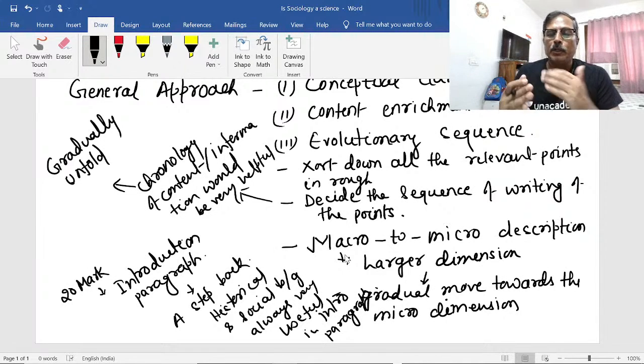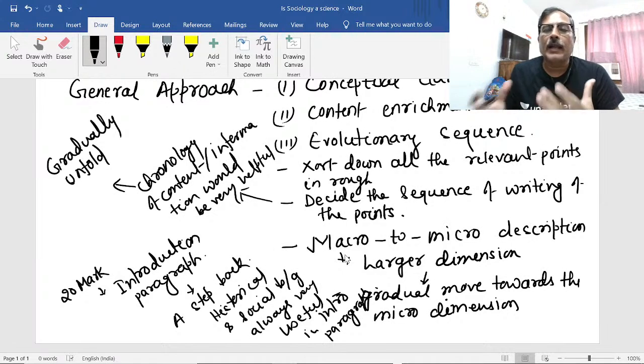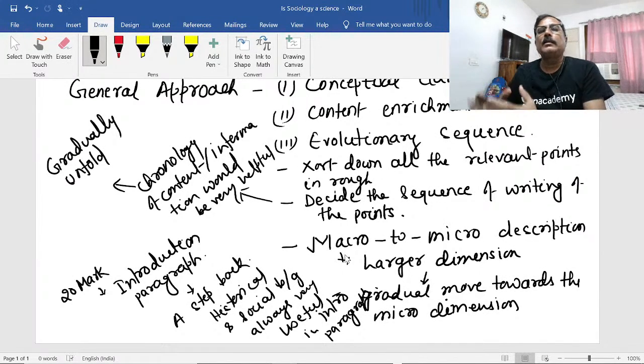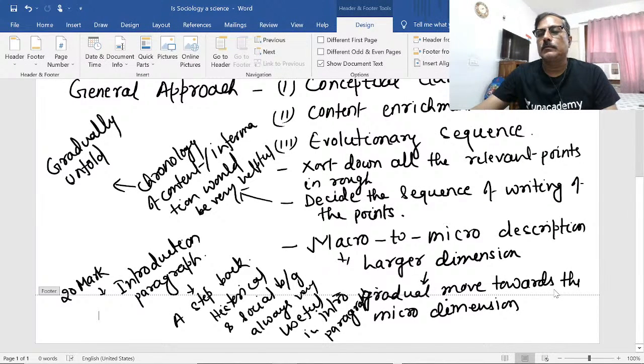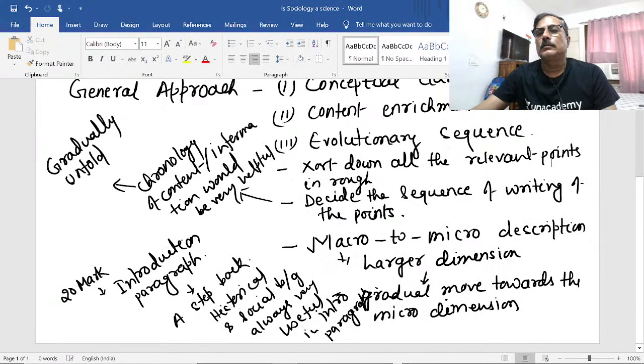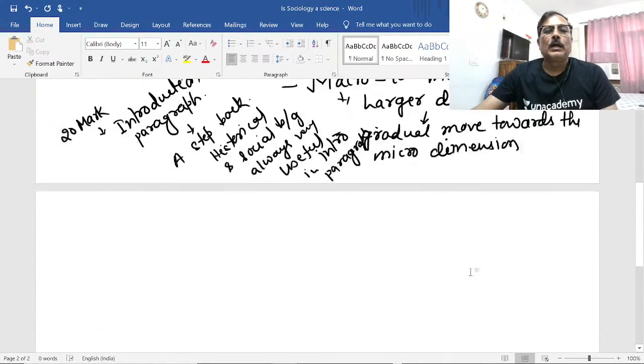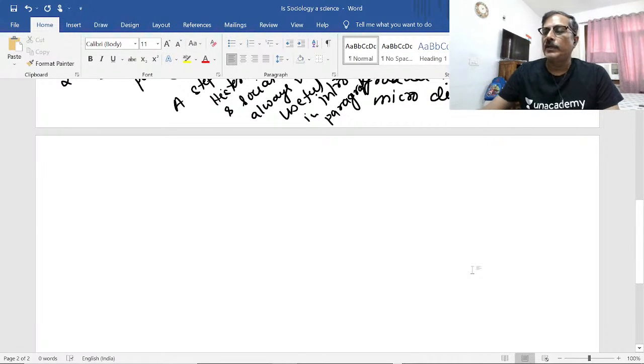So you go a step back, and once you are there, you put all your experience of history and society into that paragraph, and the para should end in such a way that it naturally leads you to write the main body of the answer, right? So intro, main body, and then you should naturally conclude. This sequence is very important.